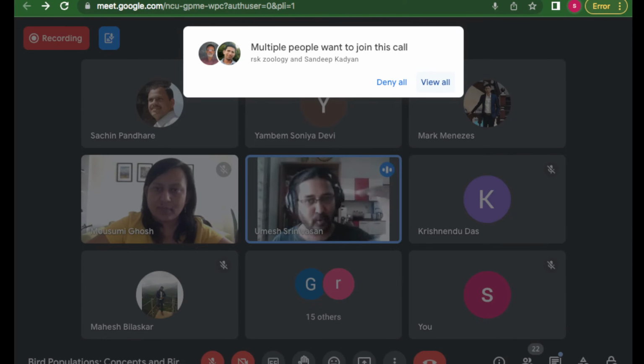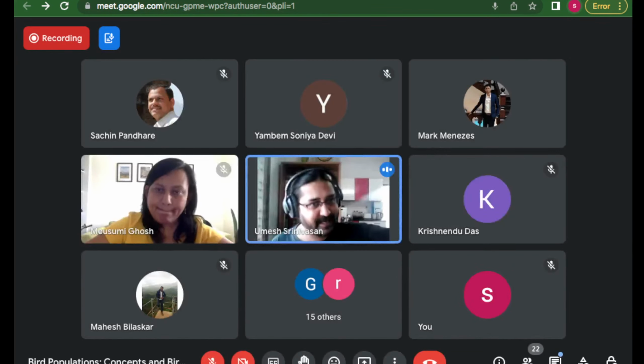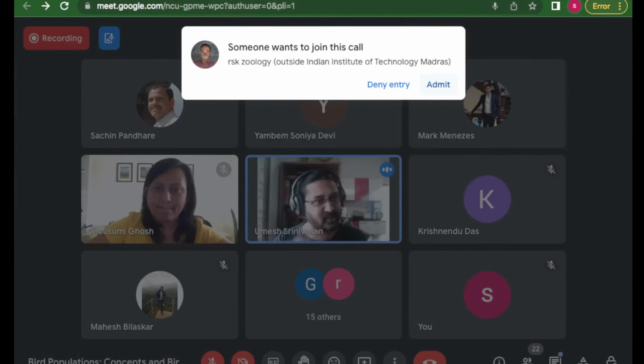If species are on Schedule 1, they're considered rare or they're traded, or for some reason they're of higher conservation concern, then often the state government refers the application to the central government, and the Ministry of Environment, Forest and Climate Change at the center has to approve that application. So it depends on which species you're studying, the permission can come either from the state forest department or from the Ministry of Environment, Forest and Climate Change. Thank you.